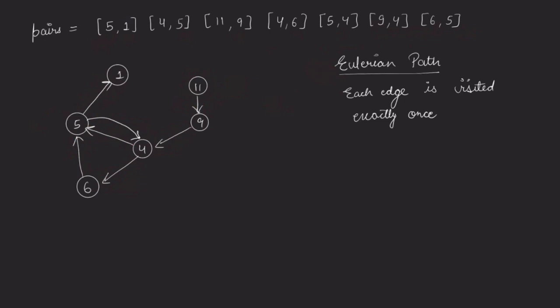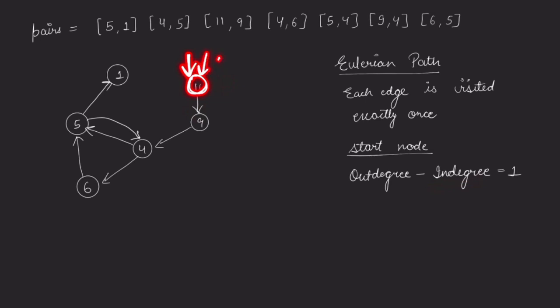Now there is a property of an Eulerian path that a starting node is one where the out degree minus the in degree is equal to 1. The out degree of a particular node is the number of edges going out of that node, and the in degree is the number of edges coming into that node.